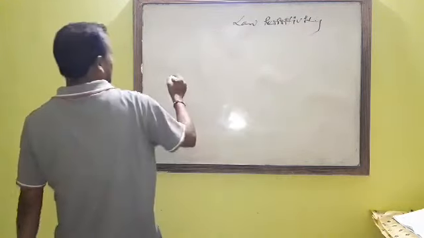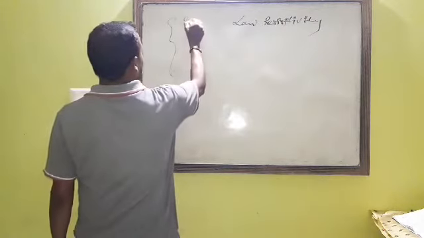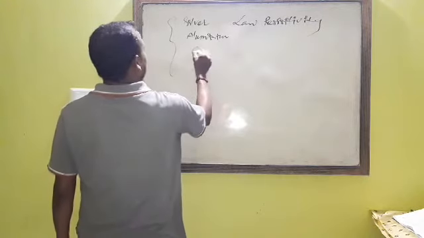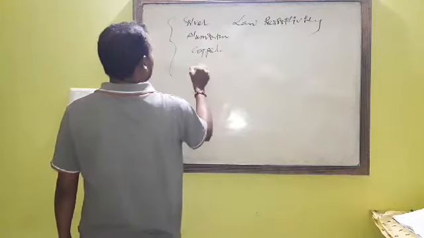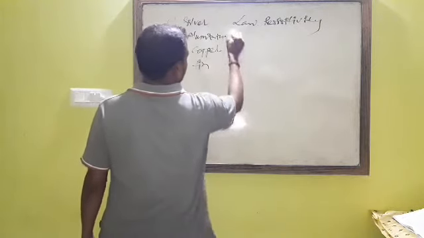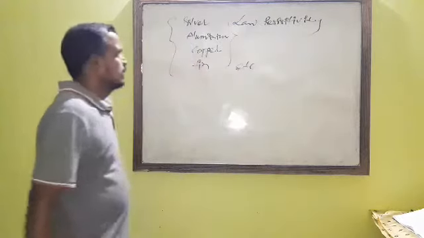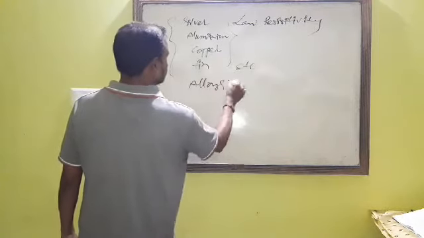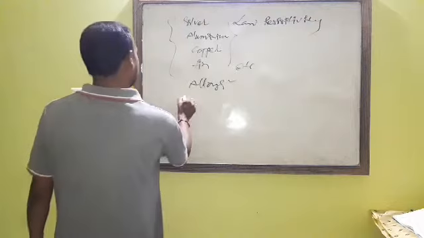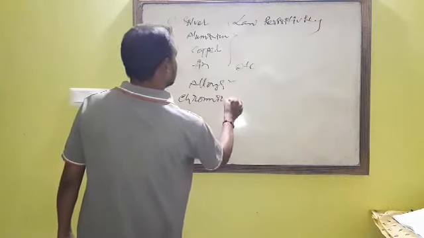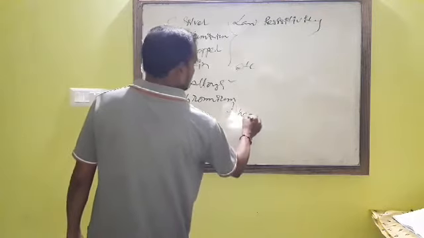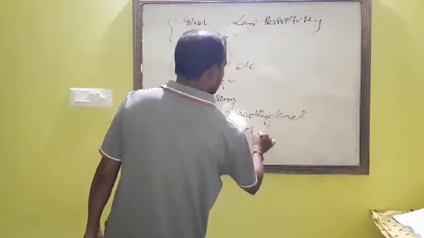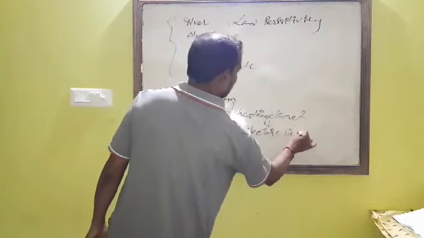Then take the example of alloys, such as chromium, which is used in heating elements, for example electric iron.